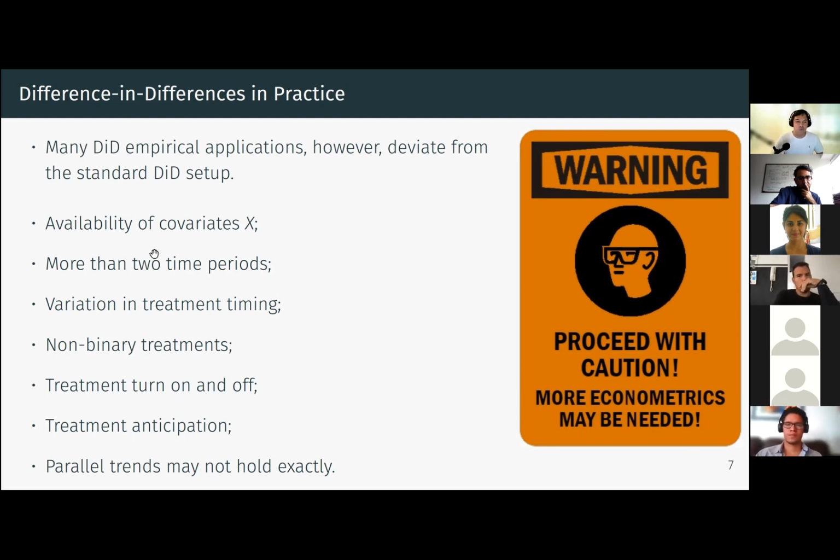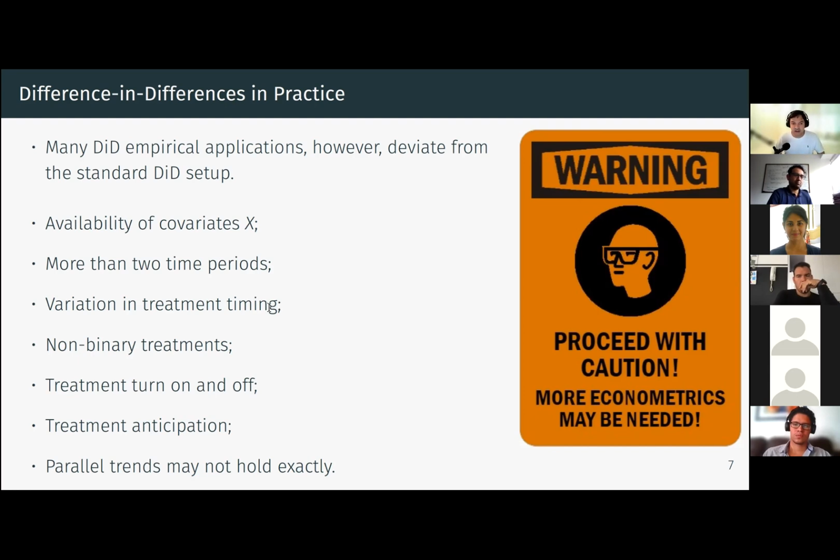So once we allow for multiple time periods, it is natural to allow for variation in treatment timing. This means that I may be treated today, but Andres is going to be treated 10 days from now, Stanislaw 20 days from now, Jesus 15 days from now. Everyone may be treated in a different cohort, which is fair game.